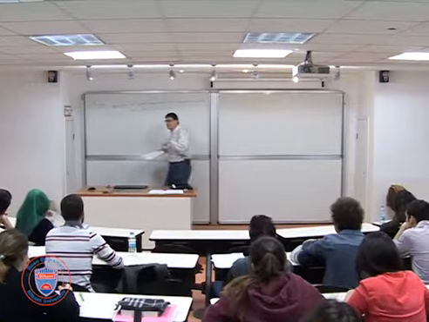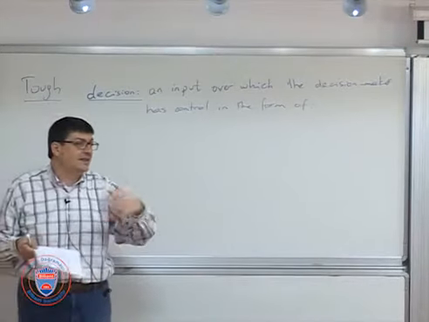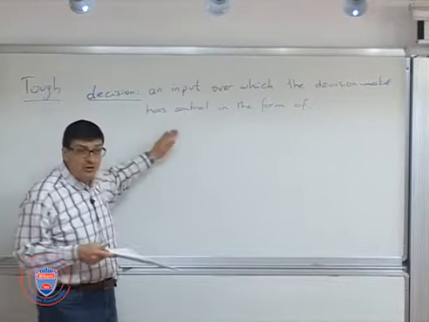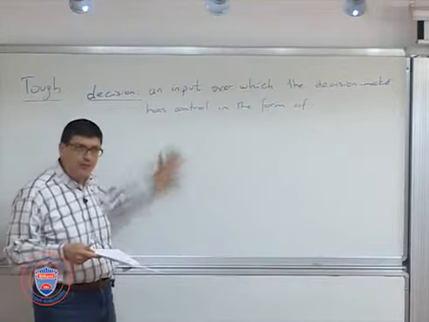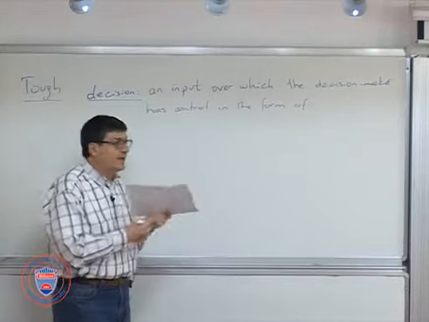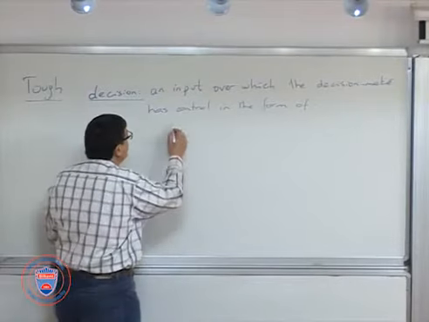And as you are going to see in the coming semesters, in different courses, we will be talking about different types of decisions, and hopefully they will fit one of the forms that I will be describing here.